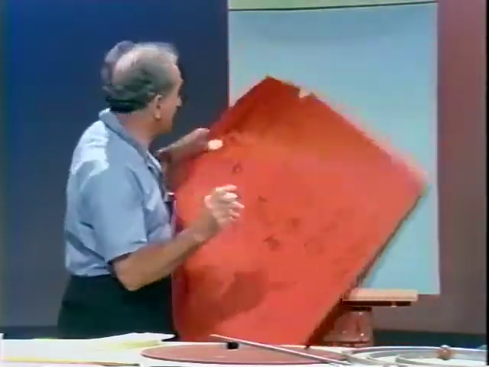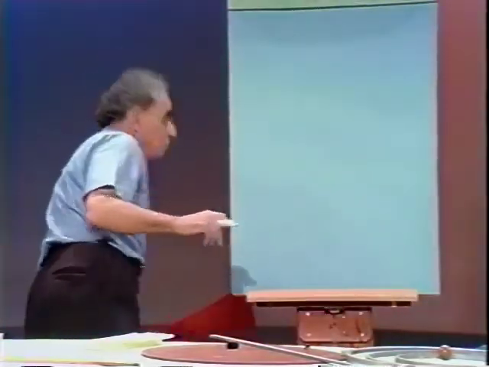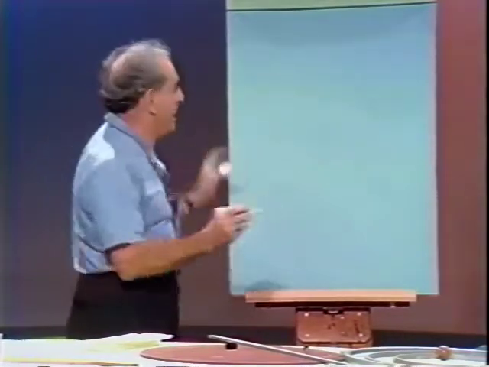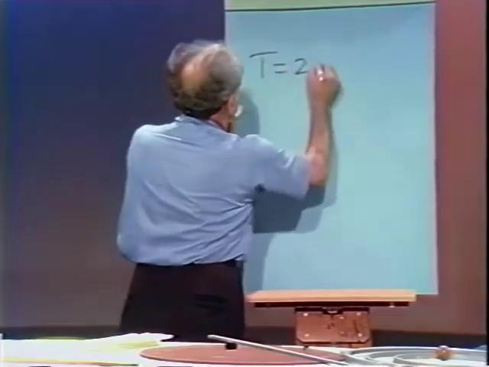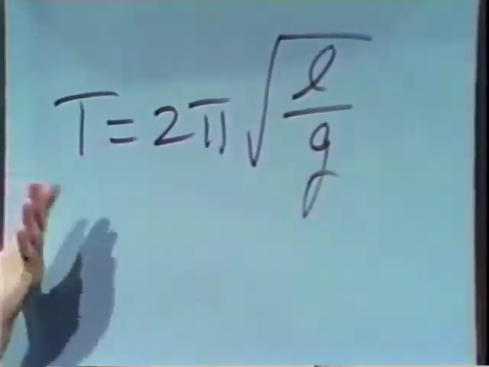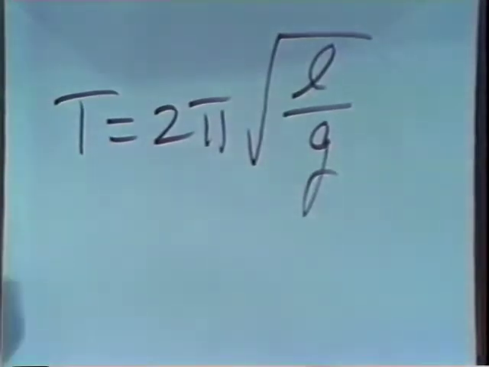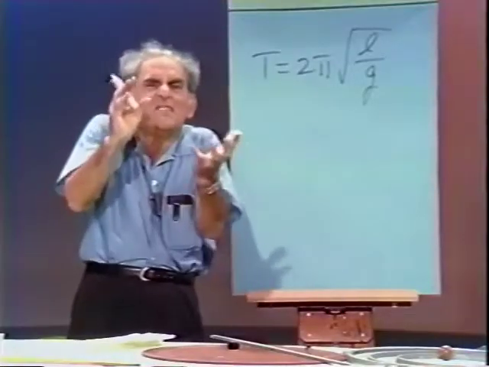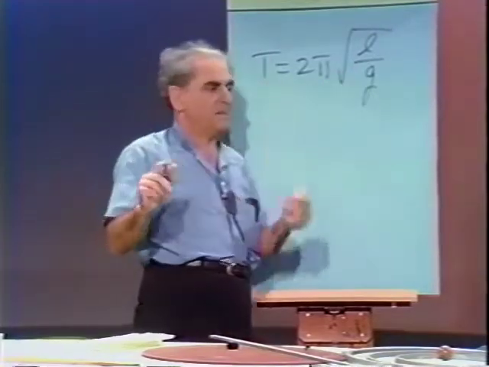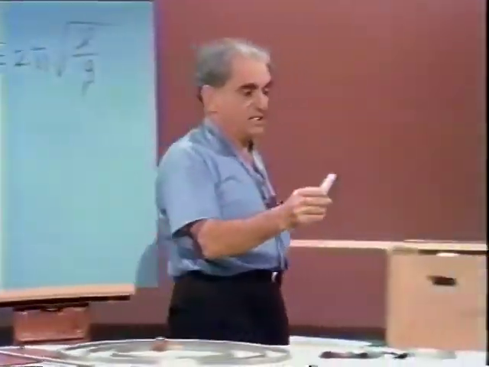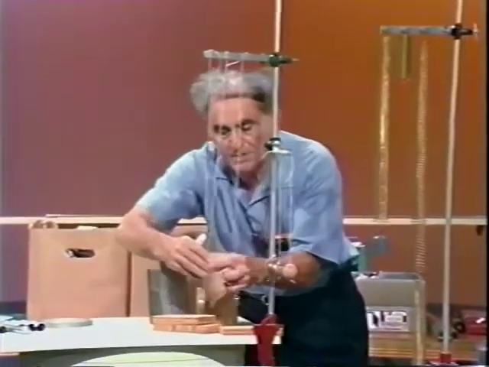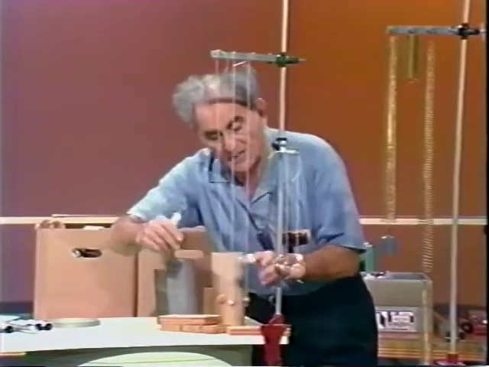Now, strangely enough, when you make the exploration or develop the formula mathematically, notice that it says nothing about how big is the pendulum bob, how massive is it. All the period depends upon is its length. And you can show this by such an adventure as I have here. Here I have some pendula which are of identical length.